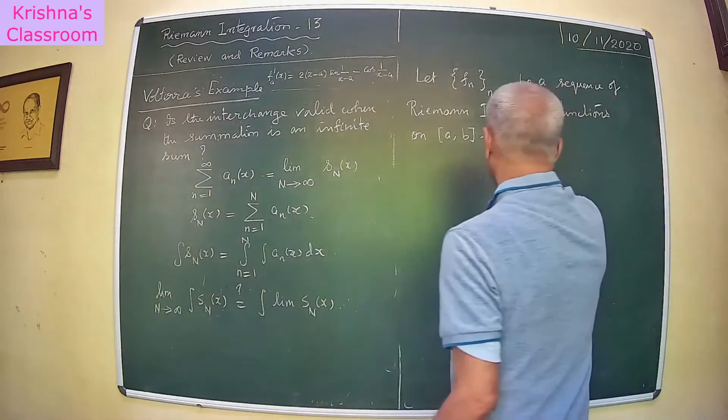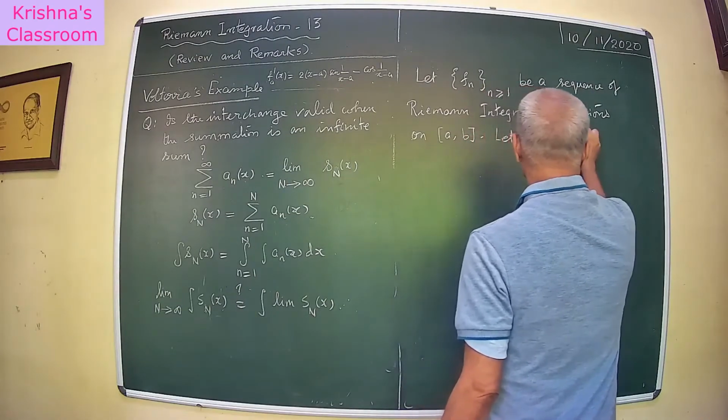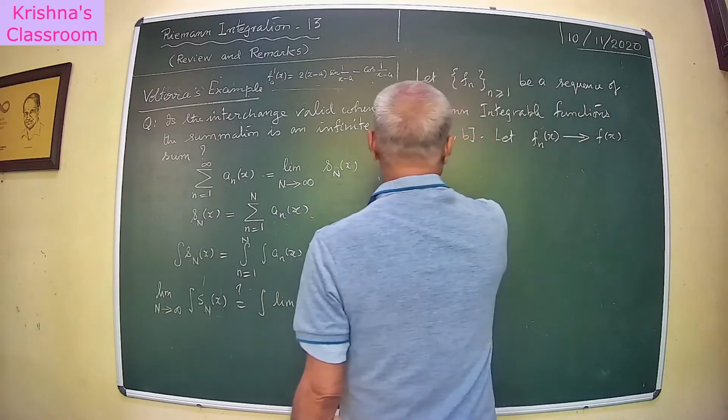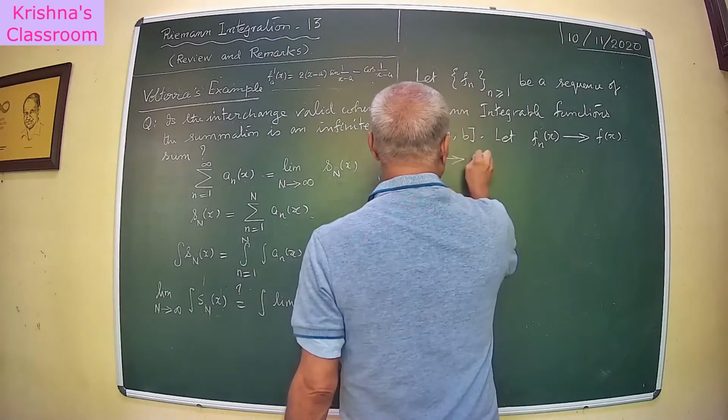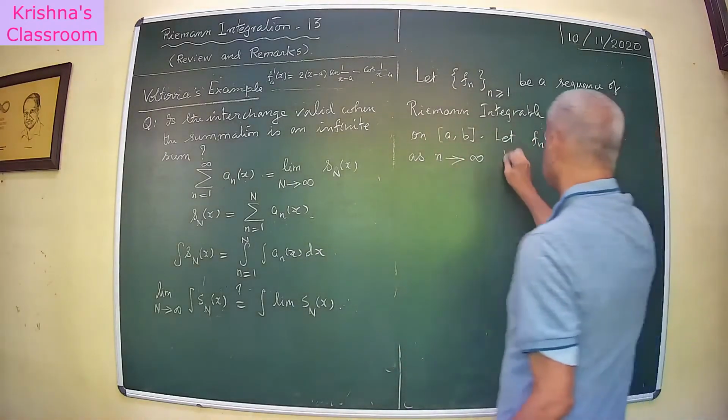Let f_n(x) tend to f(x) as n tends to infinity for every x.